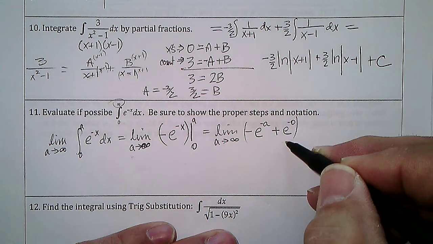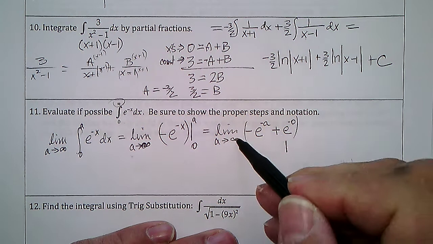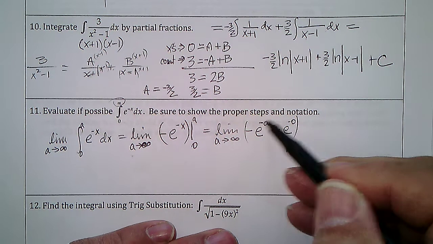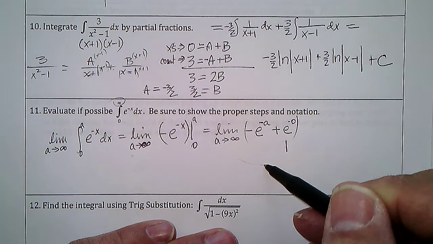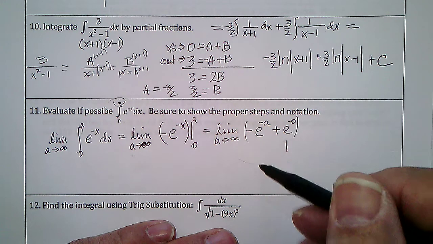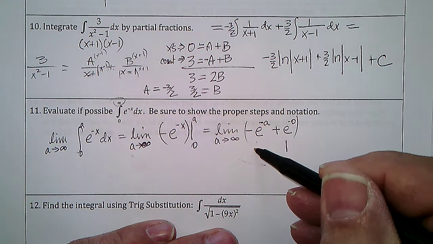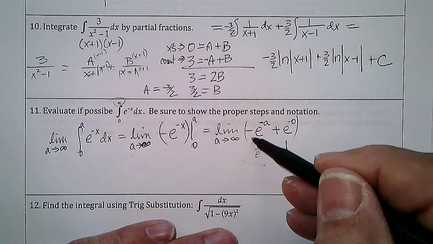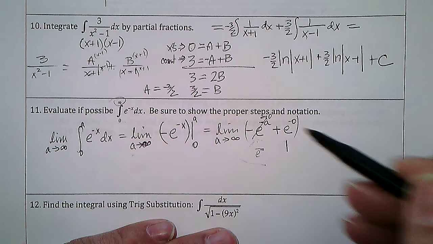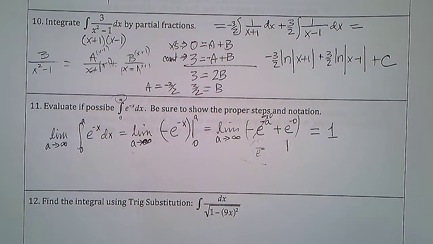Well, e to the 0 is 1. And if e is going to negative infinity, it's getting smaller and smaller as you go to negative infinity. Negative makes it 1 over e to the infinity, which that fraction is going to go to 0. And so this is going to be 1.